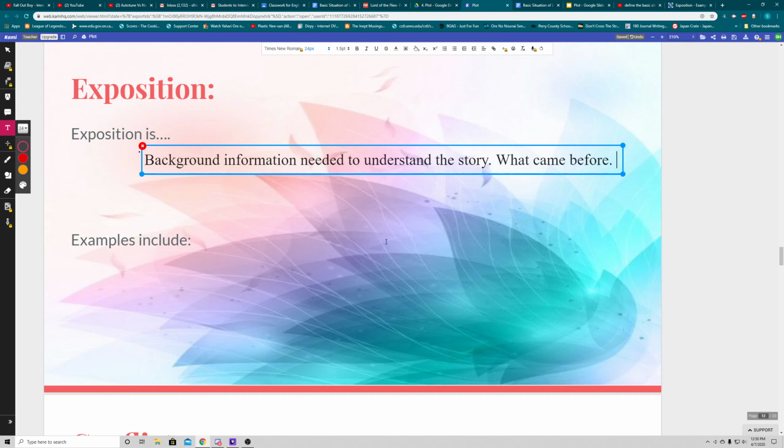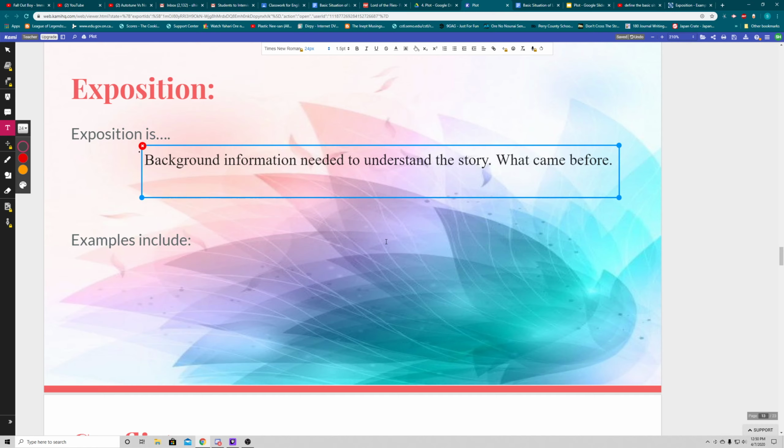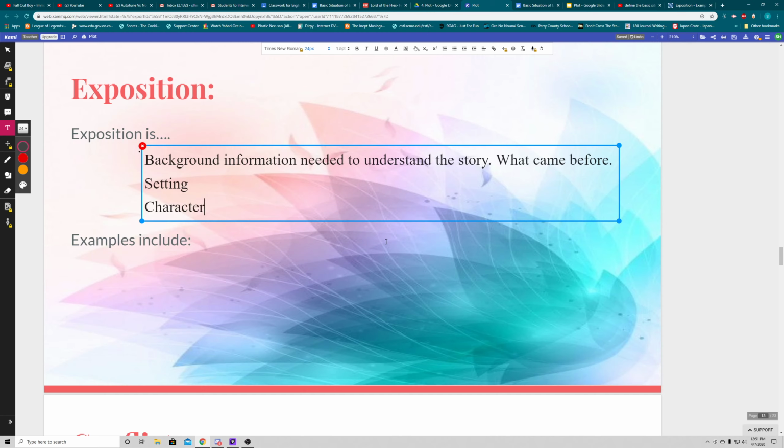So background information that might be needed would be setting, characters. Sometimes there will be more, but for now, these are going to be the basic things that we focus on. So in the exposition, we will cover setting and characters.